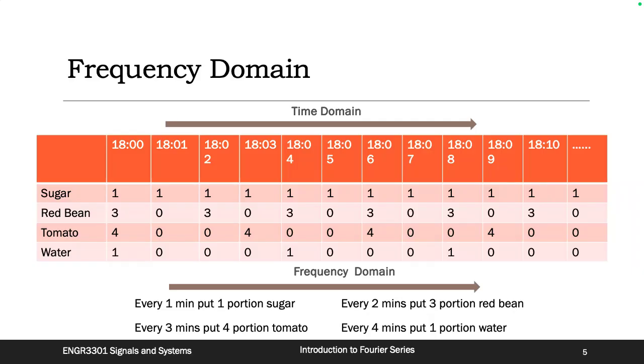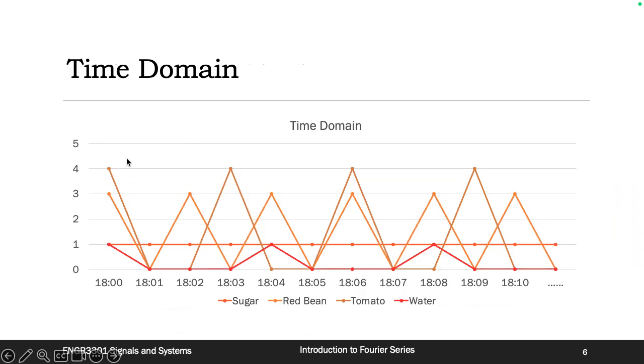Okay, let's look at the time domain again. You can see, if we use a figure to represent how to make this soup, at the beginning, at 8 p.m., we put in different items in different portions. And at 6:01, we just put sugar.